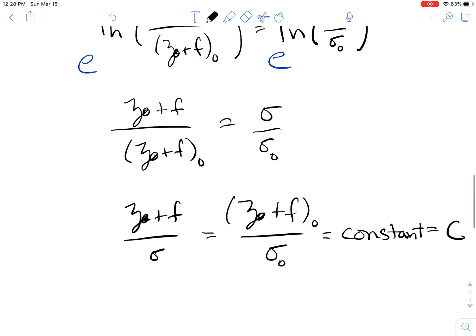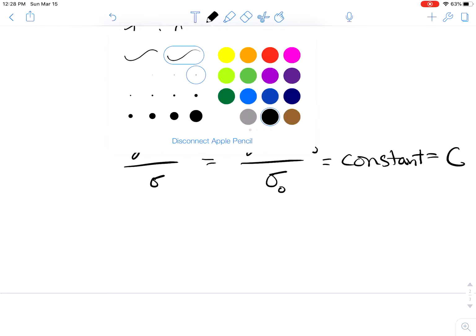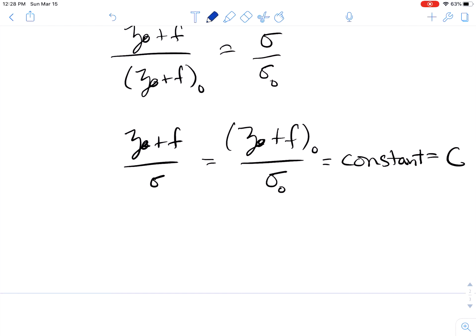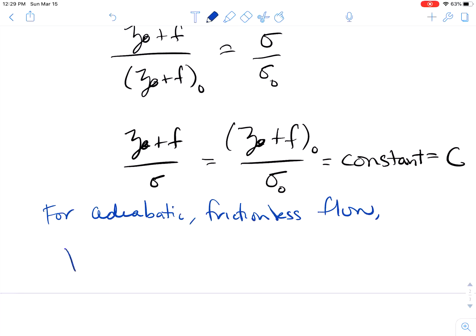And so what we can say then is for adiabatic frictionless flow, PV, substituting back in here for static stability sigma, equals minus g times the quantity zeta theta plus f times d theta dp.